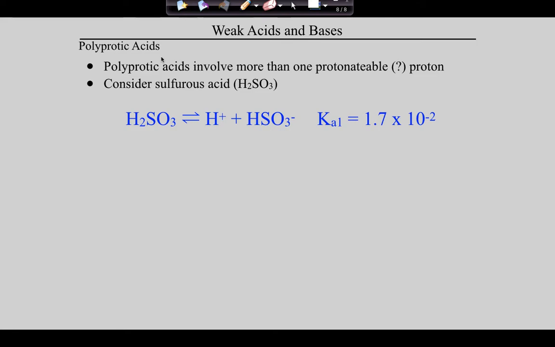What that means is the first proton. Ka1 for a polyprotic acid is the Ka value for the first proton going away. But then, guys, you'll notice, and I call that the conjugate base, and that makes sense? Yeah? The conjugate base still has a hydrogen, and it can release that second hydrogen. This represents that process.